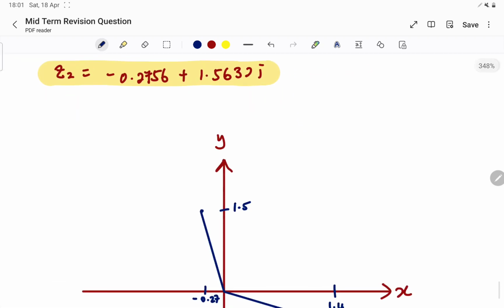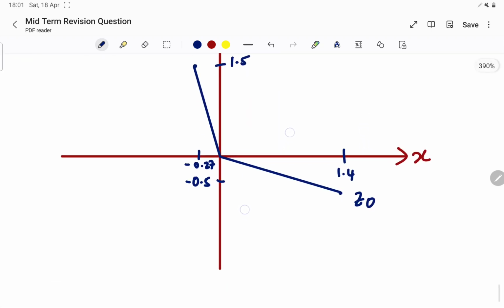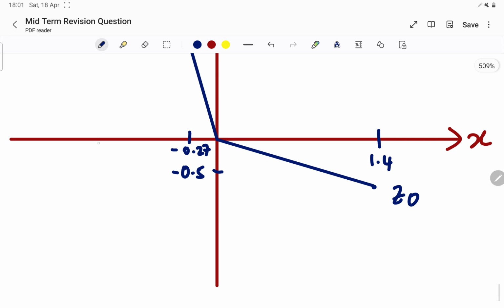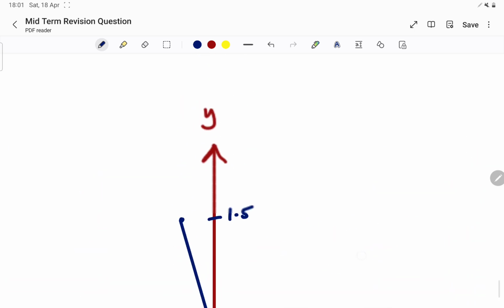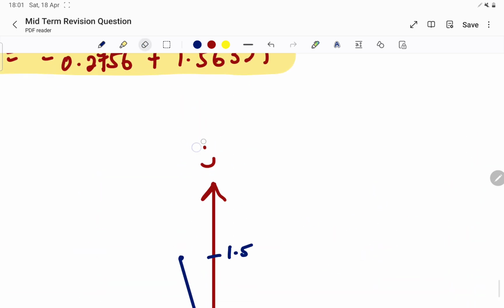And then here you have the last one, negative 1.2, which is maybe around here. And then the imaginary is, sorry, this one is not y, it should be imaginary.